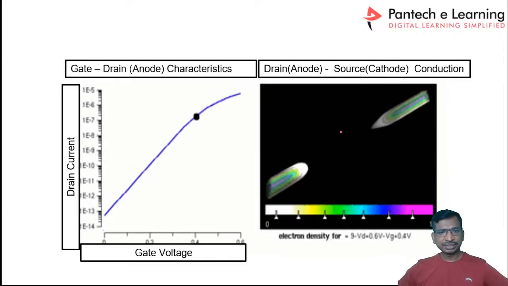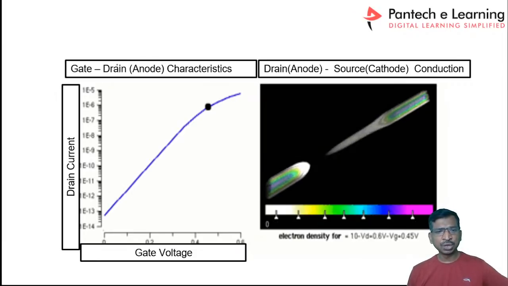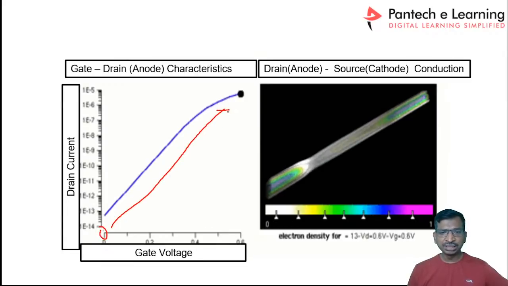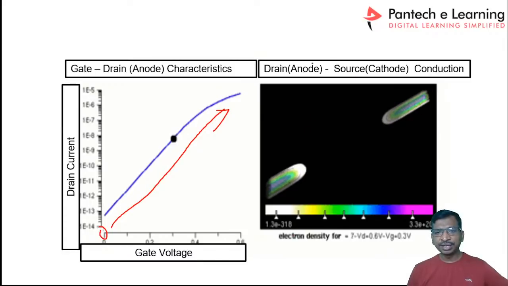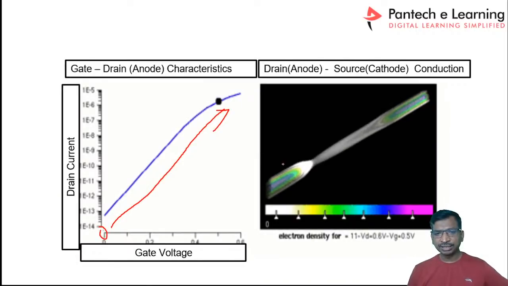And see here, this is the working principle of the MOSFET or IGBT, common for every device. Inside the device, when you increase the gate voltage, this is the drain to source voltage. Here we apply the PWM, and the current flows like this.